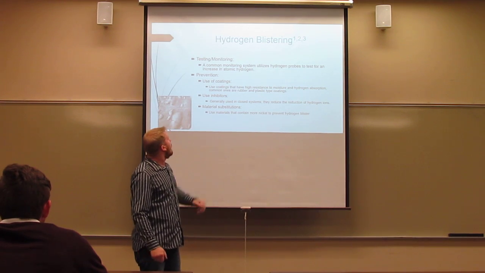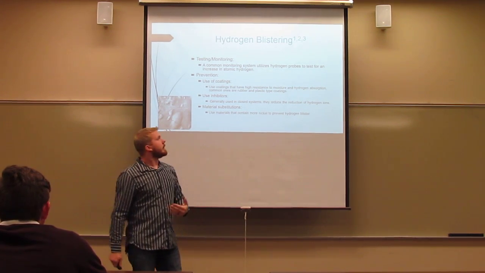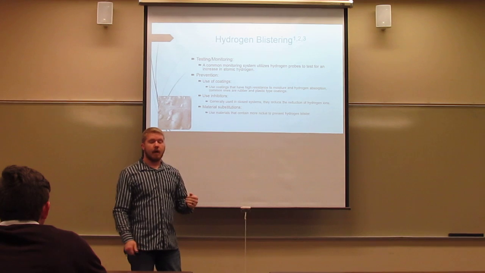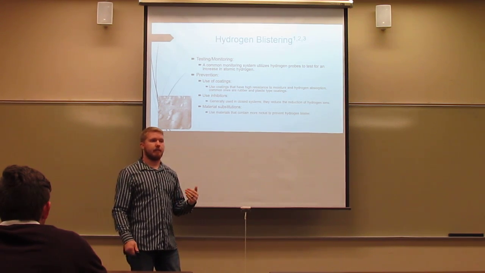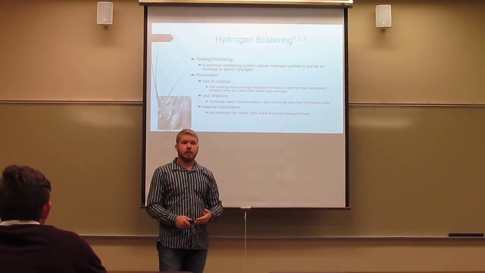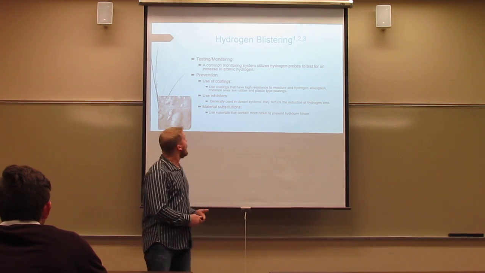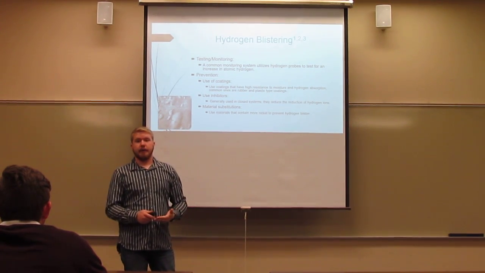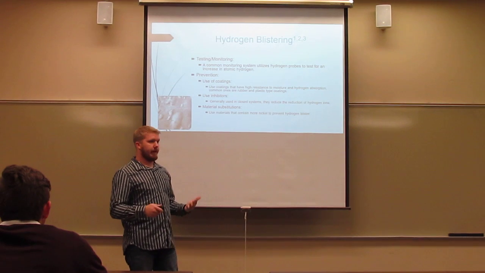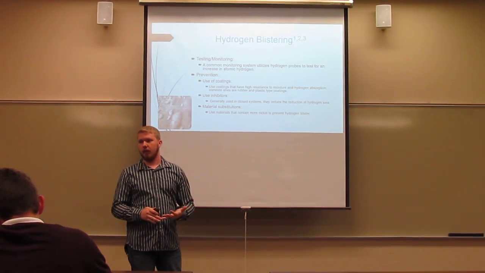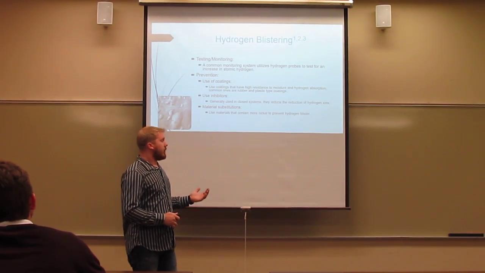For testing and monitoring, a way to test for hydrogen blisters is going to be using a hydrogen probe. It's a pretty standard way to do that. Prevention is use of coatings that are very resistant to moisture, like plastic and rubber. And then you can also use inhibitors.